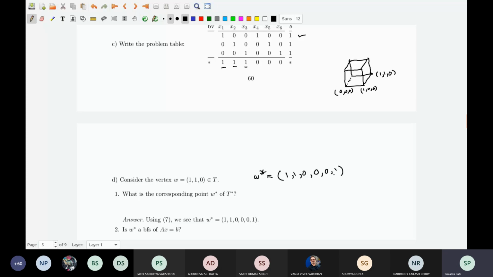The columns corresponding to the positive entries are this column and this column. Are they linearly independent? Yes, they are linearly independent. Therefore, by that condition, that a feasible solution is a basic feasible solution if the columns corresponding to the positive entries are linearly independent, this is a BFS.